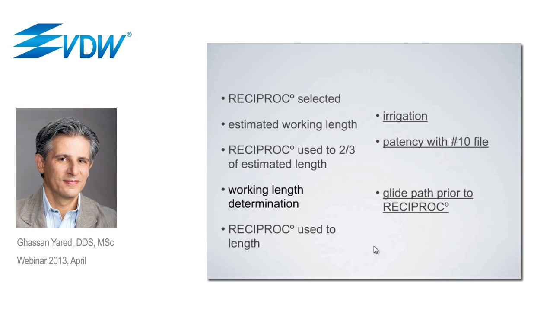The straight line access will be obtained with the reciproc instrument itself by brushing. And this is very important because with the reciproc instrument, we obtain the straight line access that is needed to allow the instrument to progress in the canal.